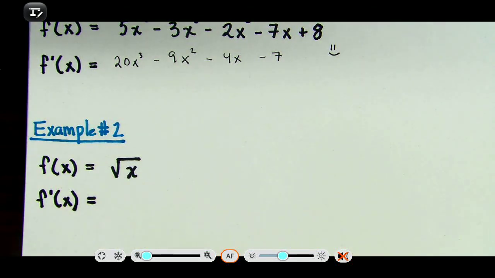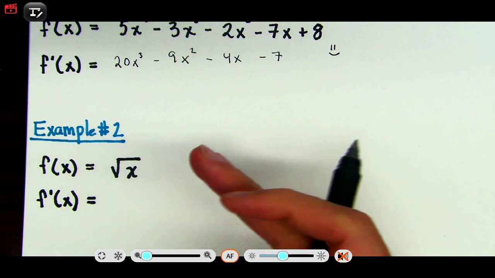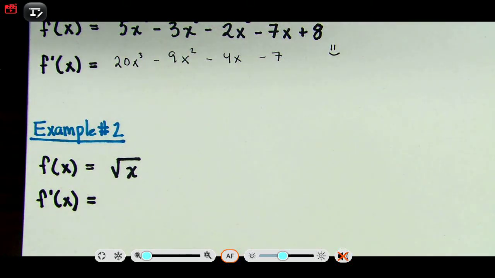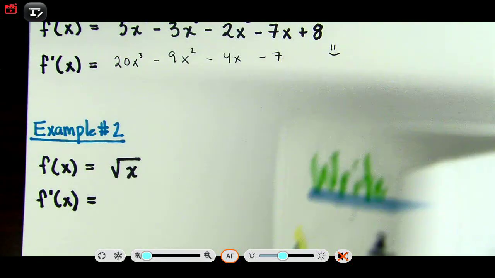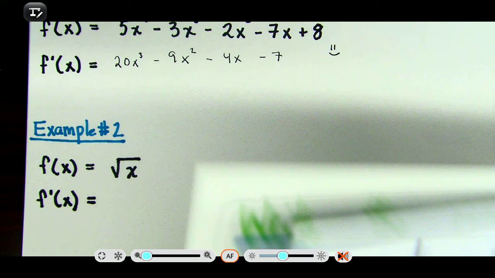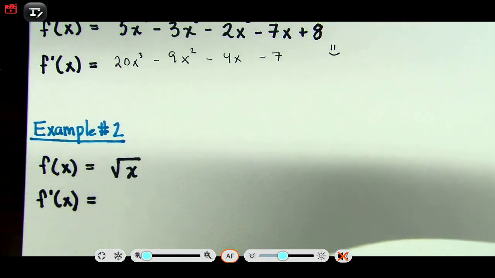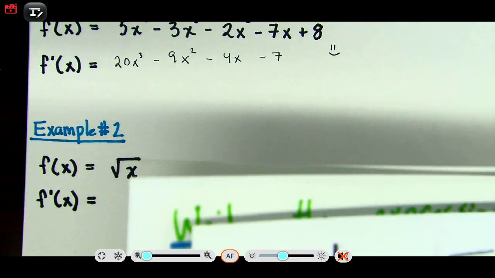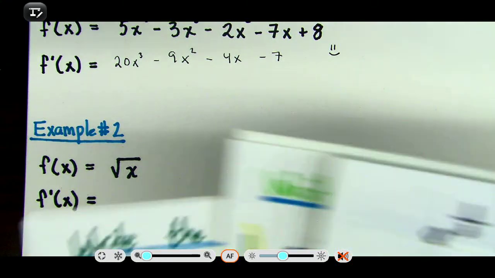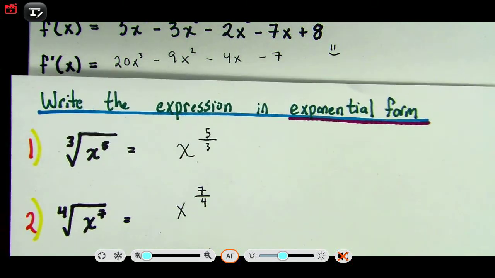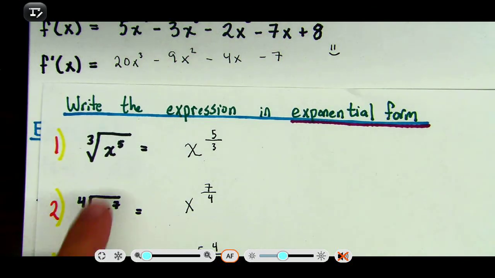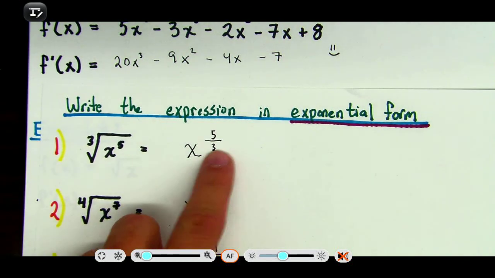Based on the previous lesson that we just did, let me find the notes for it. What did we do? Yeah, here we learned about how to convert radical form into some exponential form.